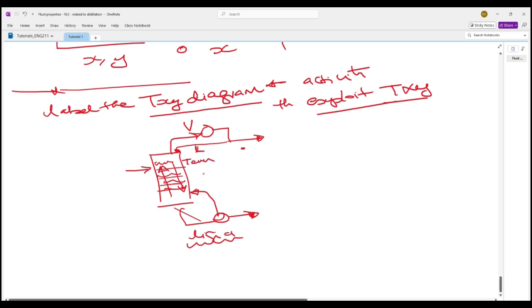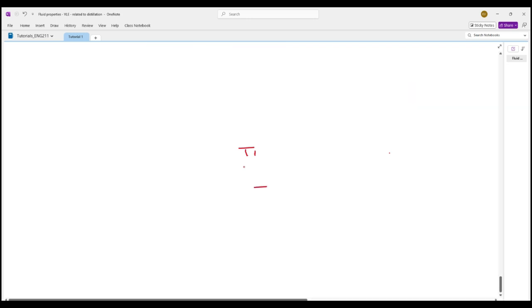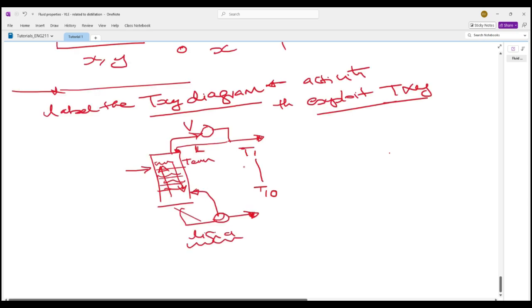And typically your temperature will be, say, T1 at the top, and let's say T10 at the bottom. So your temperature will be lower at the top, and much higher at the bottom.